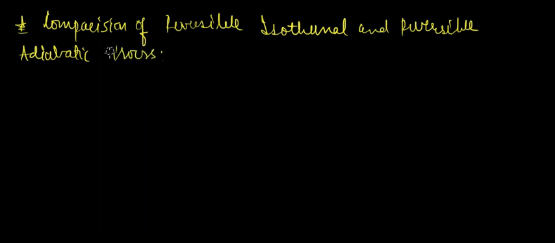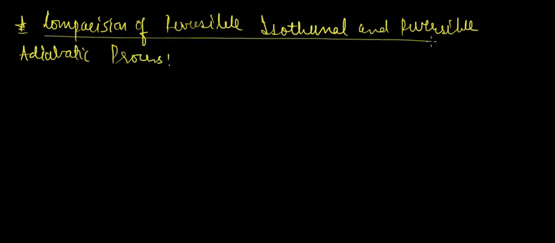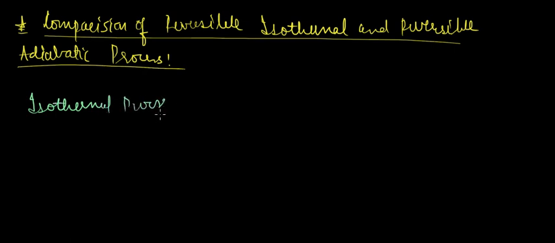Okay. So isothermal processes, as we know that delta T in isothermal process is 0 or temperature is constant. So we can write that P1 V1 is equal to P2 V2.